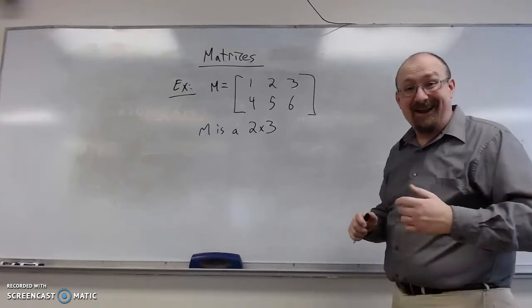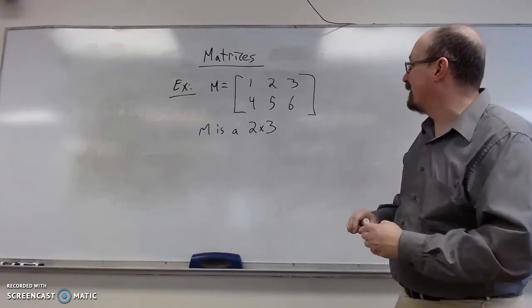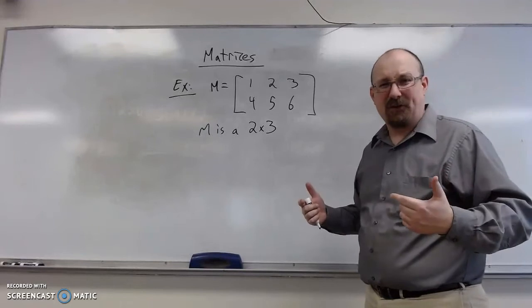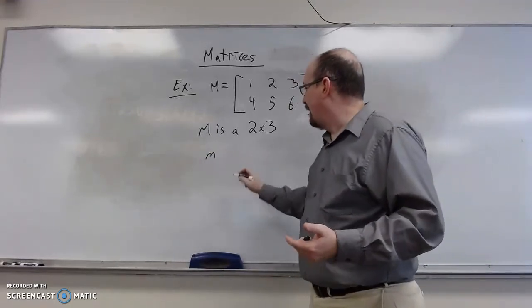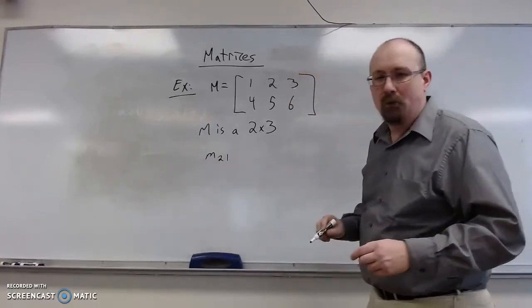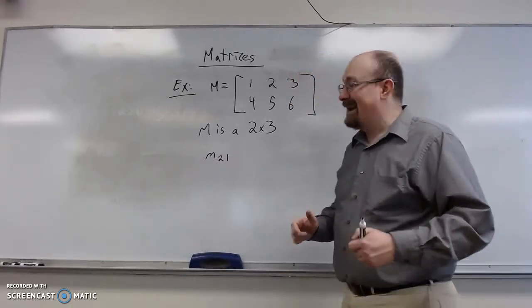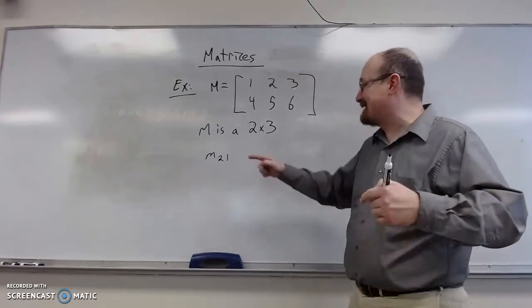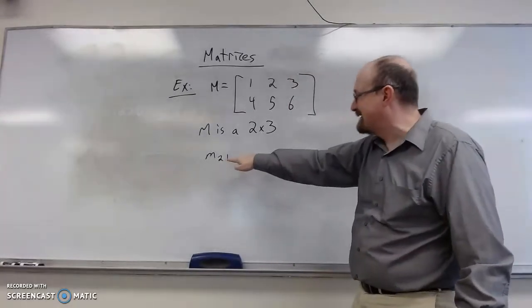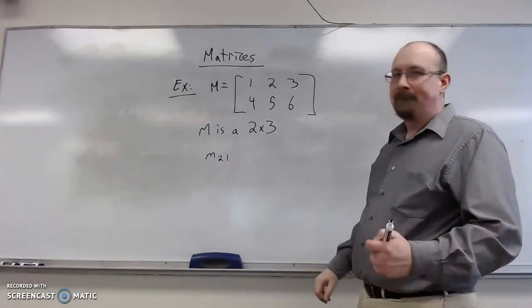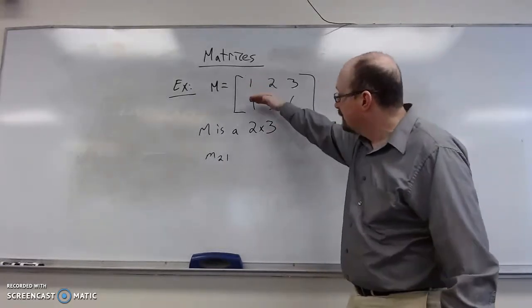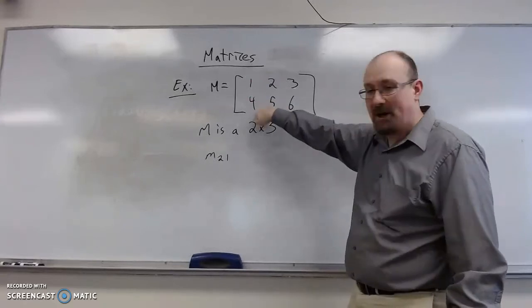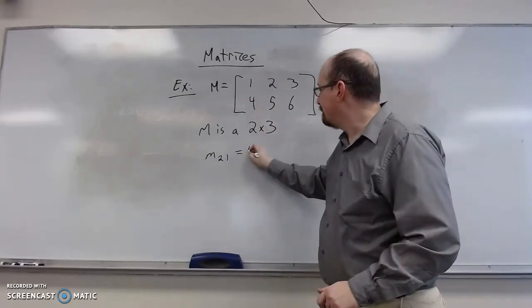If we wanted to isolate a single entry in the matrix, you'll usually use a lowercase version of whatever letter is representing the matrix. So we could have M21, something like that. That indicates that we go to rows first, then columns. So we want what's in the second row and the first column. 1, 2 rows, first column, it's this guy right here.